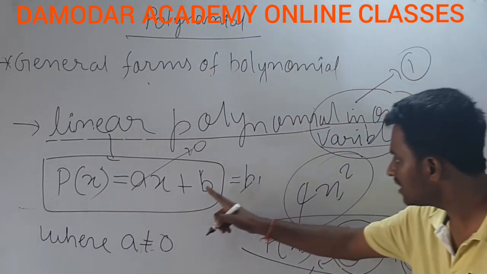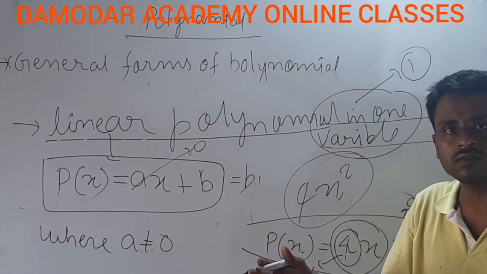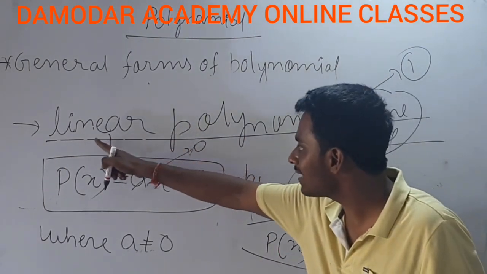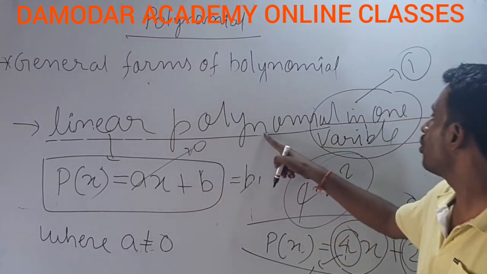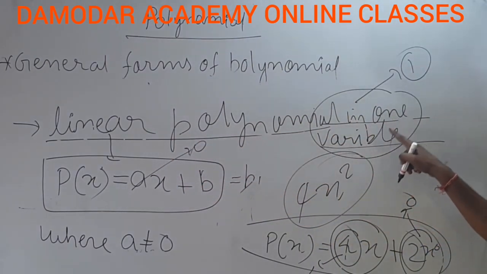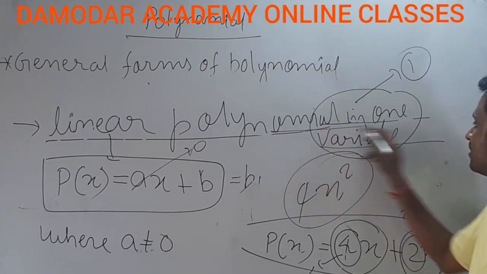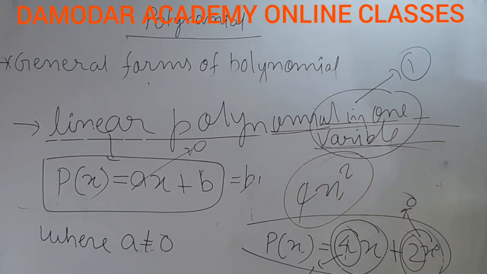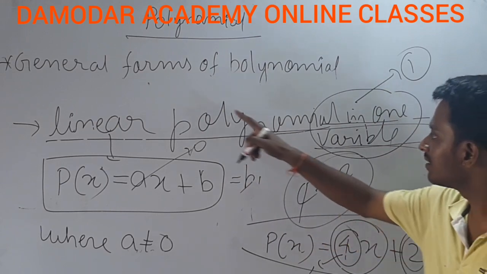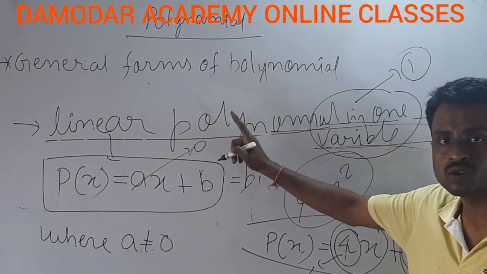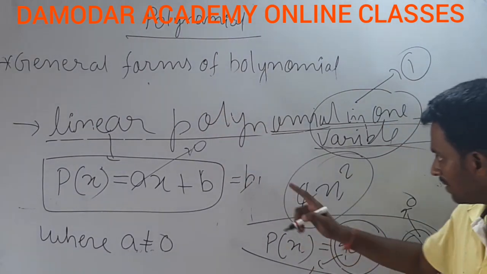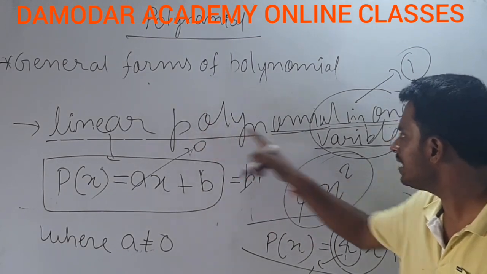That means for this polynomial there is no variable. And what we have written? Linear polynomial in one variable. There is no variable. Then how can we write in one variable? That means this polynomial does not belong to this case.